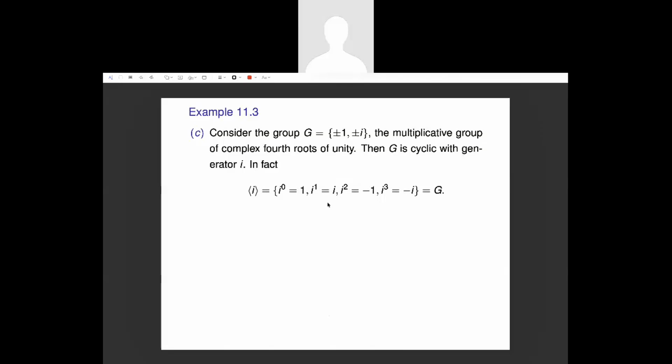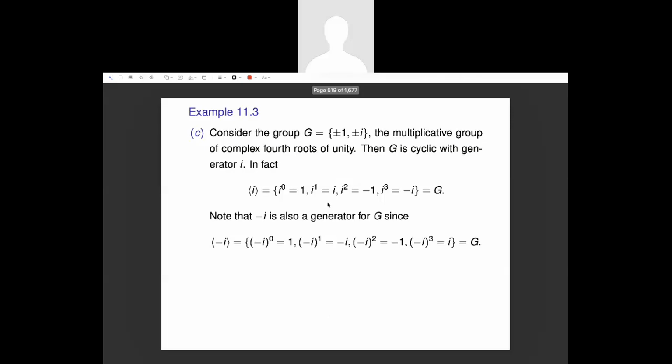And because i and minus i are inverses of each other, minus i is also a generator of this group G. So this group G has only two generators, i and minus i, and clearly G is a cyclic group.